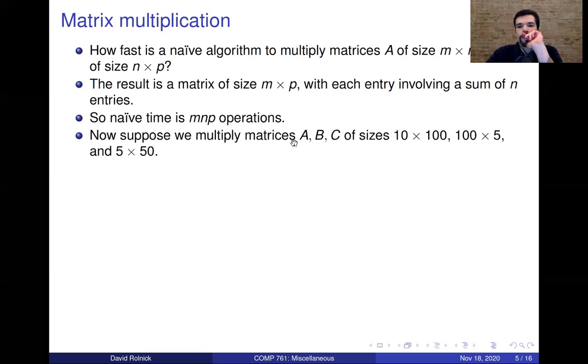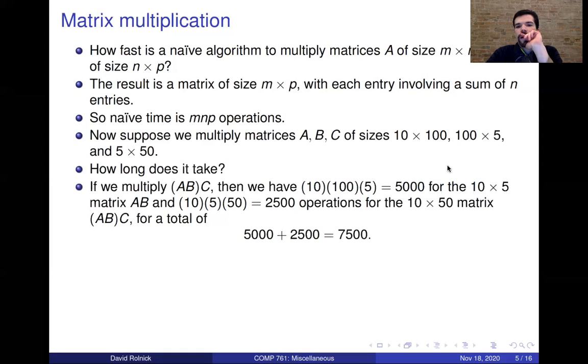So let's see. If we multiply A times B first, and then multiply by C, the time to multiply AB is 10 times 100 times 5, since those are the dimensions of A and B, and that's 5,000.